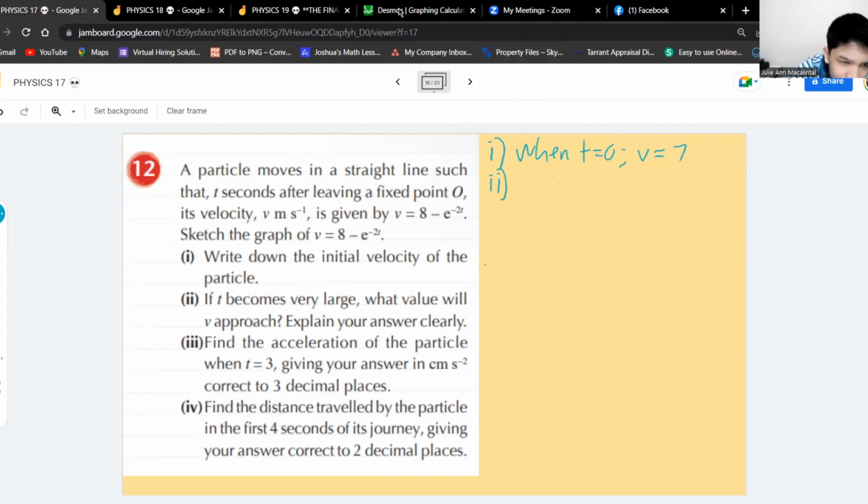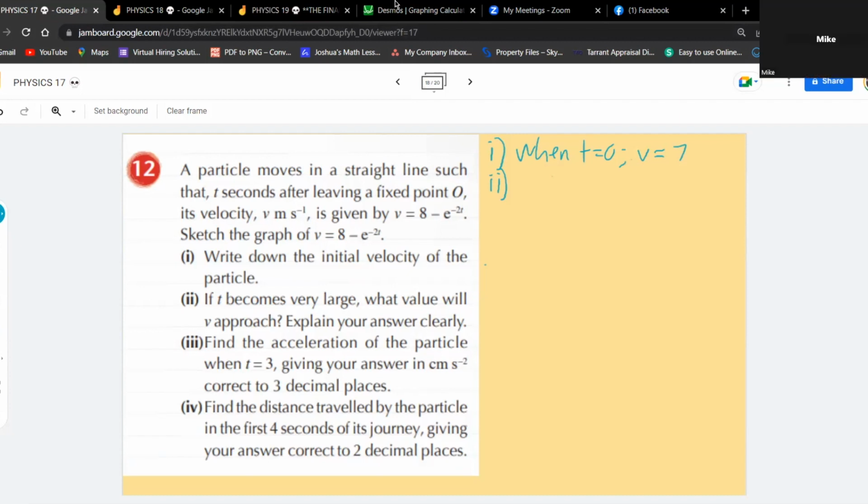Sketch lang. Di ba exponential decay yan? Parang ganun lang.